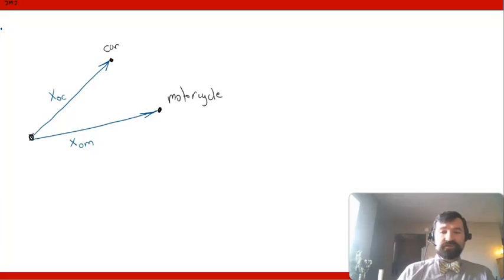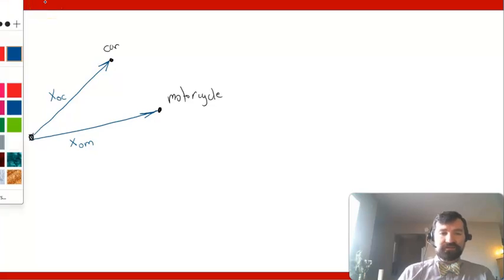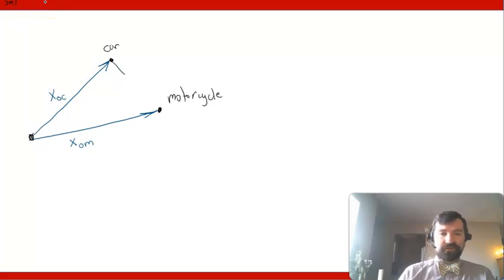Maybe I have a person, like a police officer, standing by an intersection watching everything, stationary by the side of the road. But I could easily have chosen my origin to be this car, in which case I would have a displacement to the motorcycle represented by this vector right here. So we could call this vector X car motorcycle.